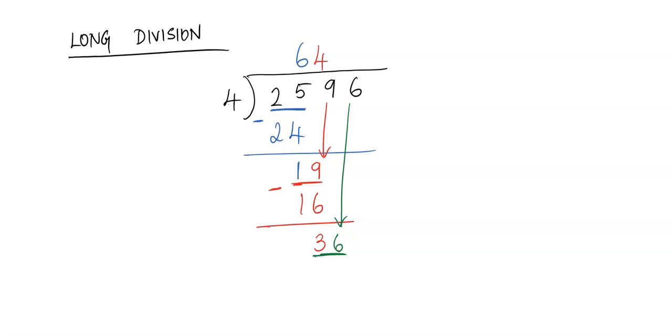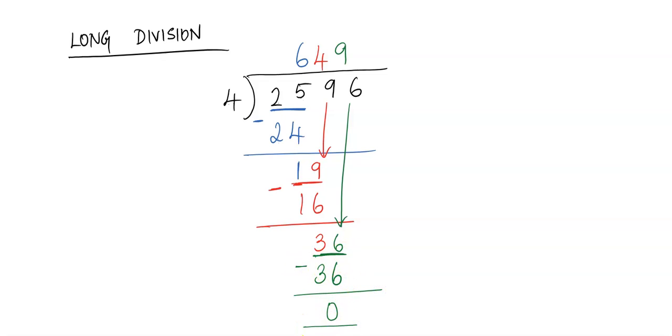So go ahead and use that. 4 times 7 is 28. 4 times 8 is 32. 4 times 9 is 36. Well, that fits exactly because when you subtract it, you get 0.